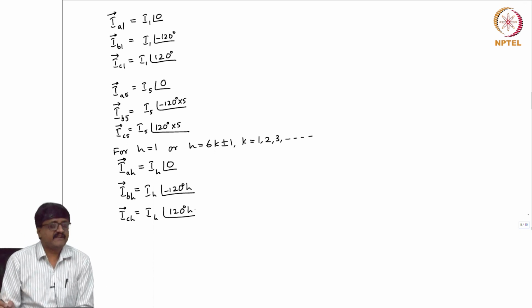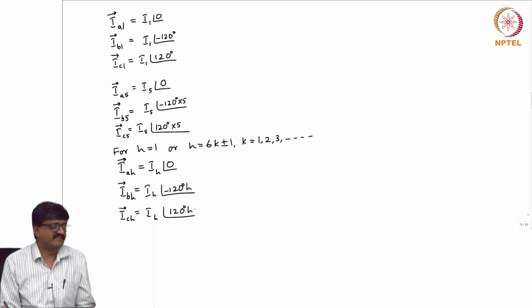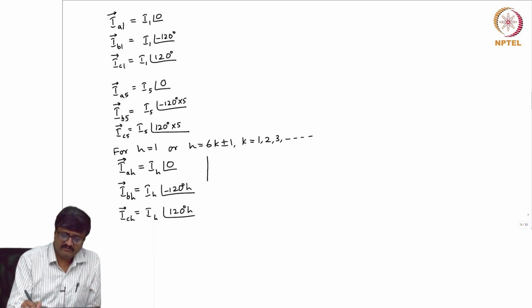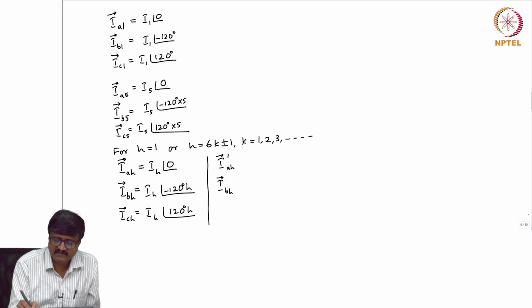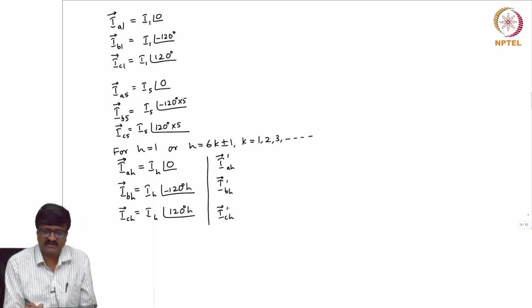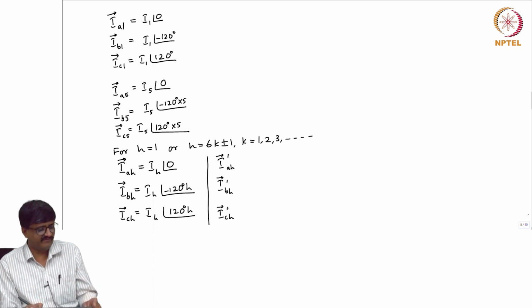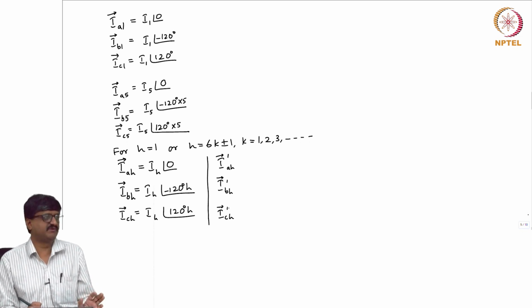Now, these are the currents which are fed to the first 6 pulse LCC. Now, let me take the other currents which are fed to the second 6 pulse LCC. They have the notations IAH prime, IBH prime, ICH prime. Even for these currents, I can write a general expression which is applicable for h equal to 1 as well as 6k plus minus 1.